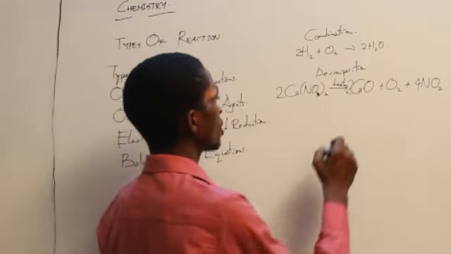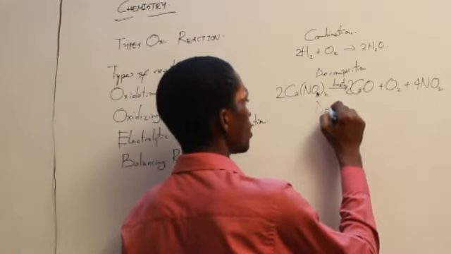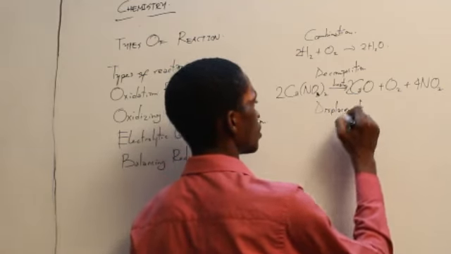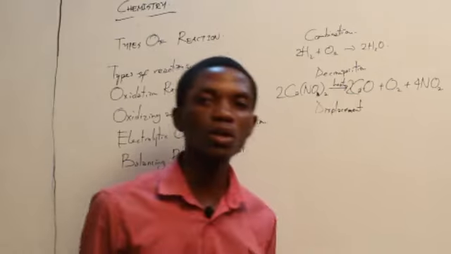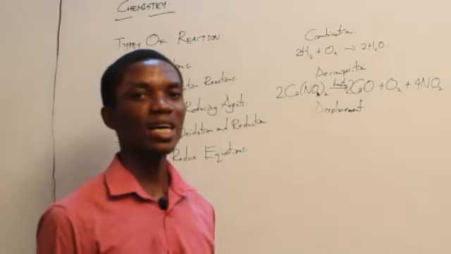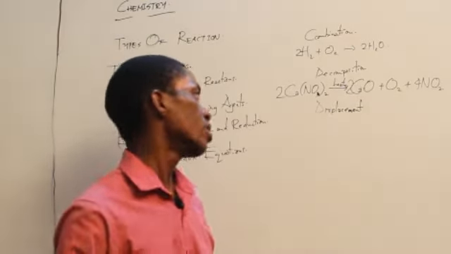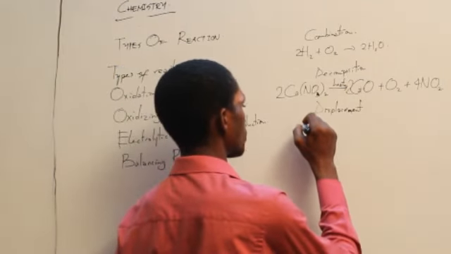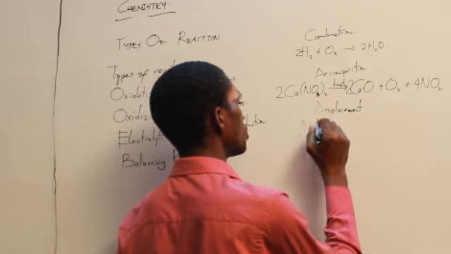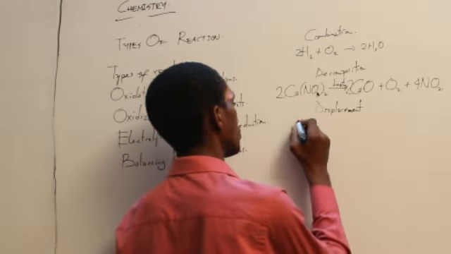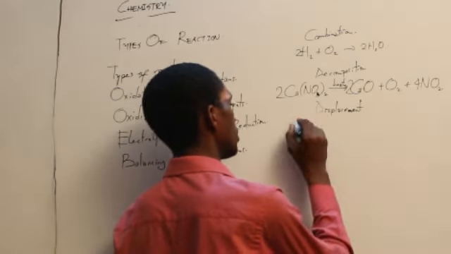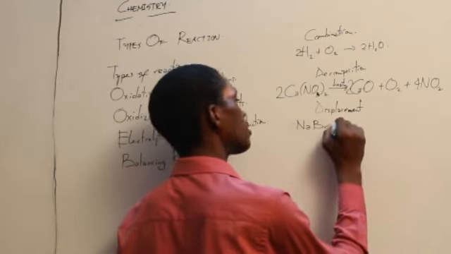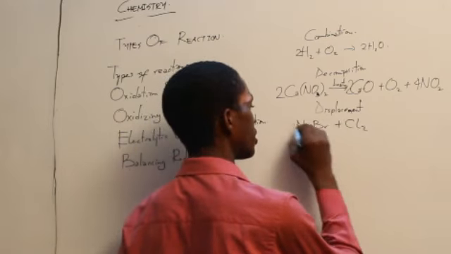We also have what we know as the displacement reactions. Displacement reaction has to do with one element displacing another element in its position. Peradventure, you have something like sodium bromide reacting with chlorine.